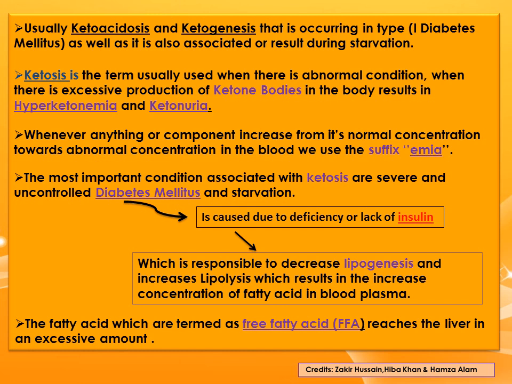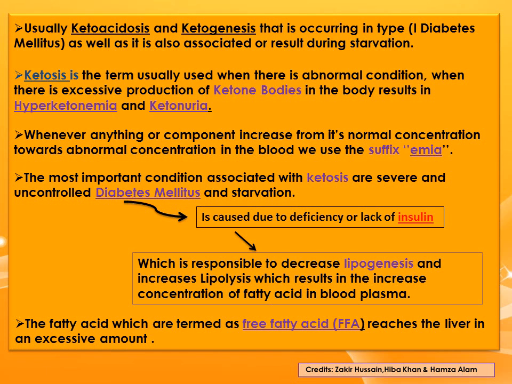Ketosis is the term used when there is abnormal condition in which there is excessive production of ketone bodies in the body, which results in hyperketonemia and ketonuria.